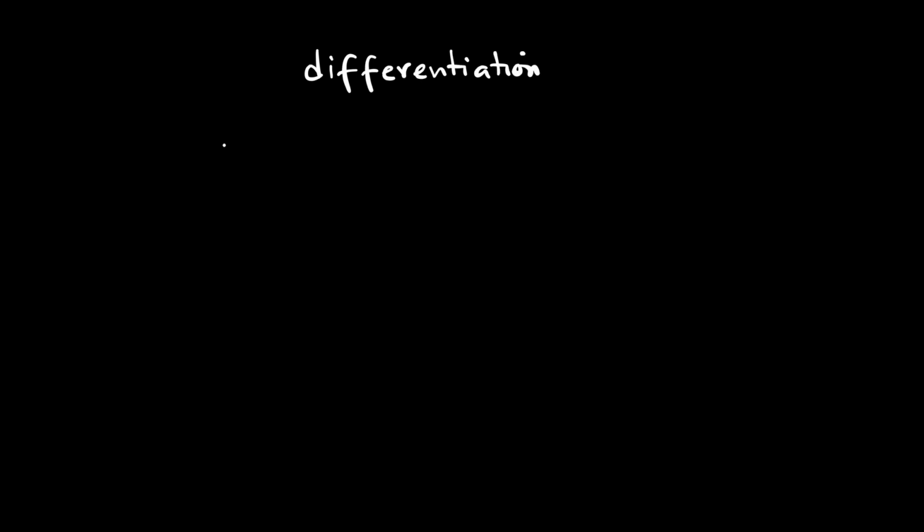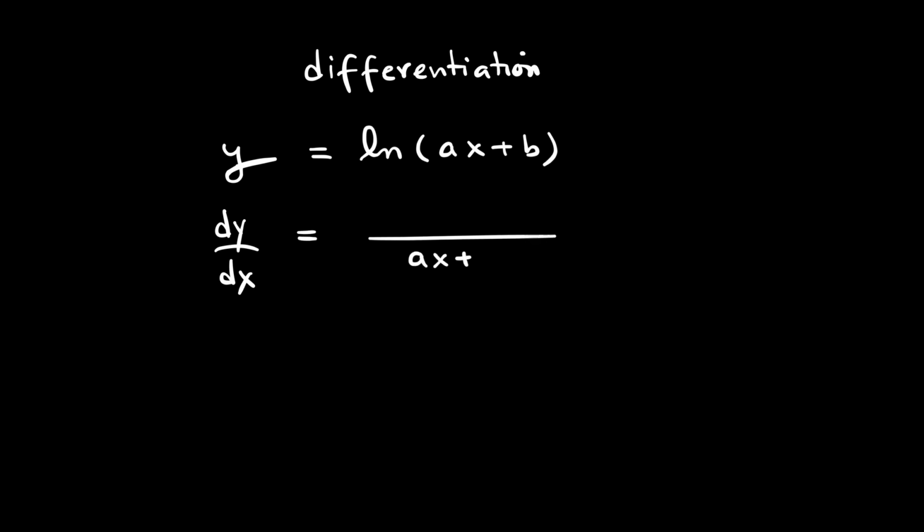We can differentiate a log function y = ln|ax + b|. That means dy/dx, the gradient function, is a over ax plus b. The bracket goes down in the denominator and the derivative of the bracket, which is a, goes up.